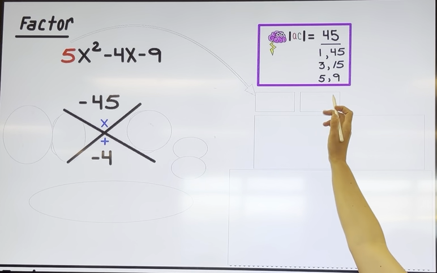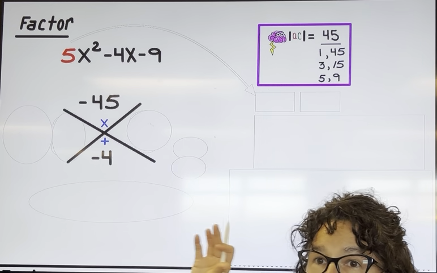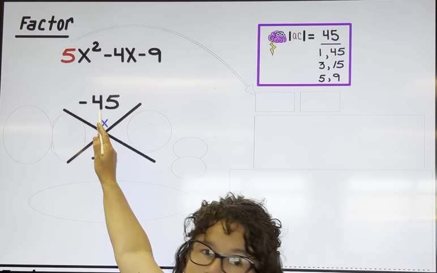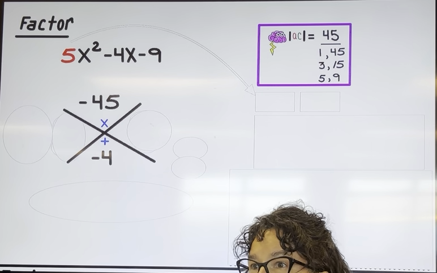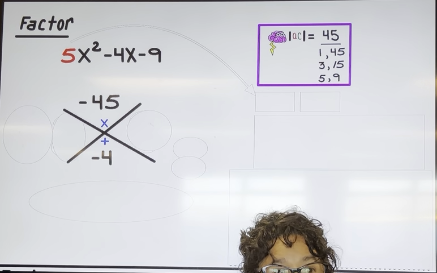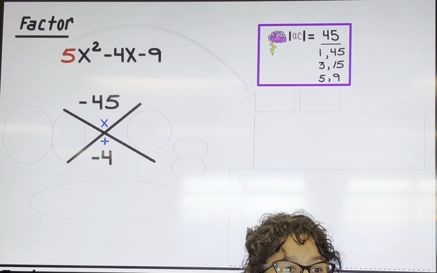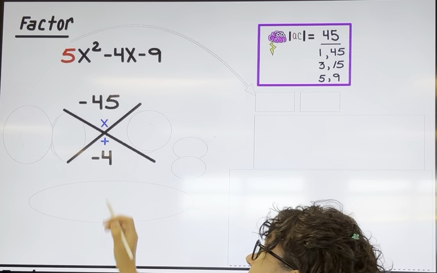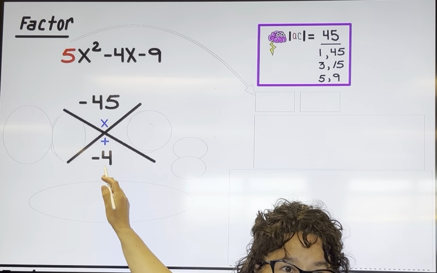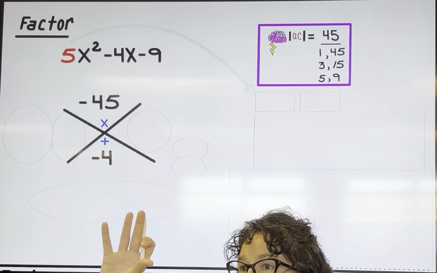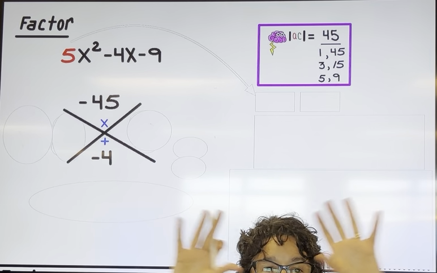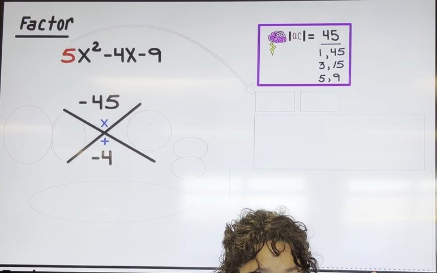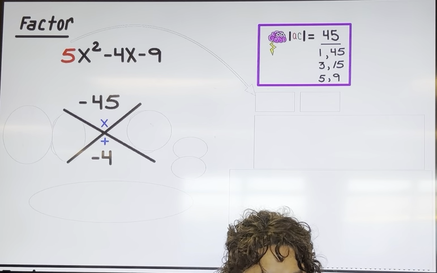So now that I have this short list, let's use it to think of two numbers that when you multiply them, you get -45. So far that tells me one of the numbers is positive and the other one is negative. But they have to add up to -4. So if I have a positive number and a negative number and they add up to a negative, that means the bigger one has to be negative to have the leftover be negative.